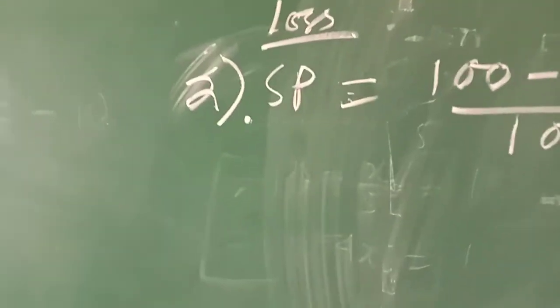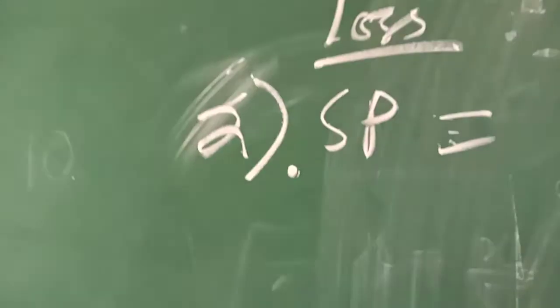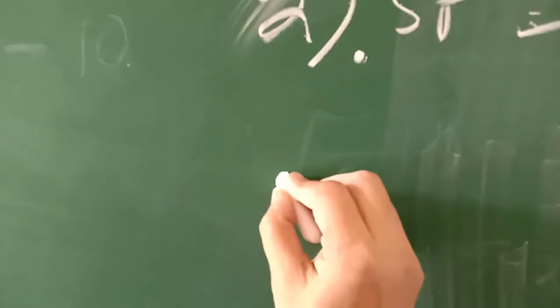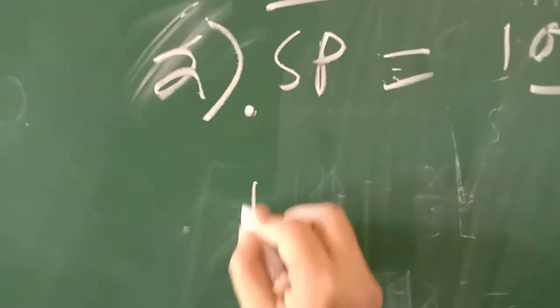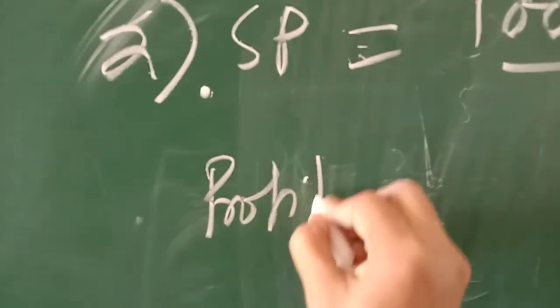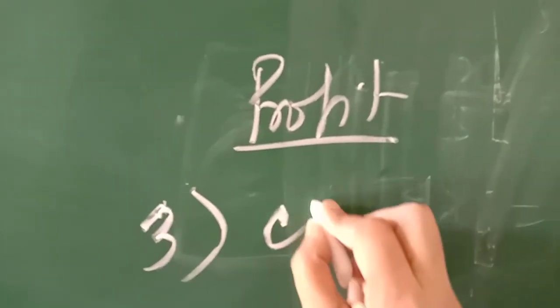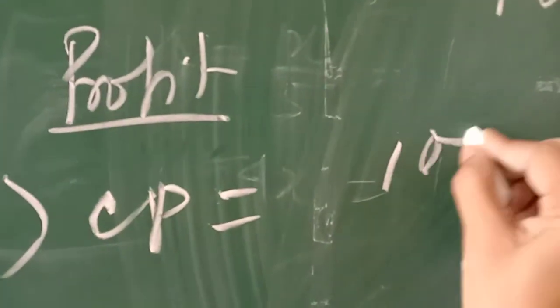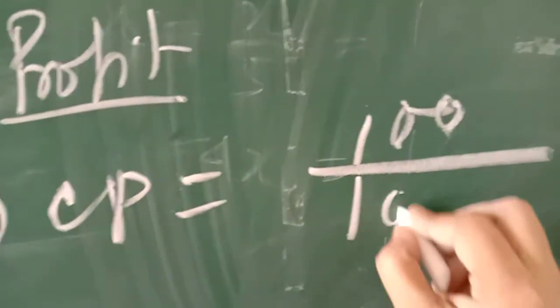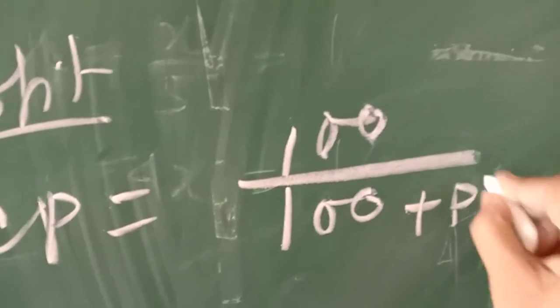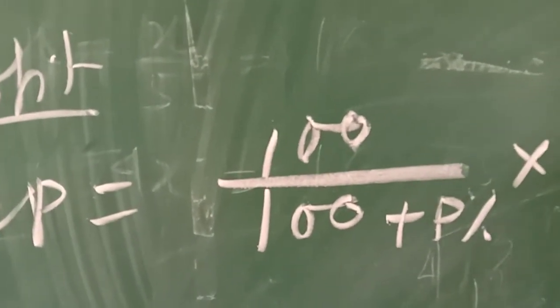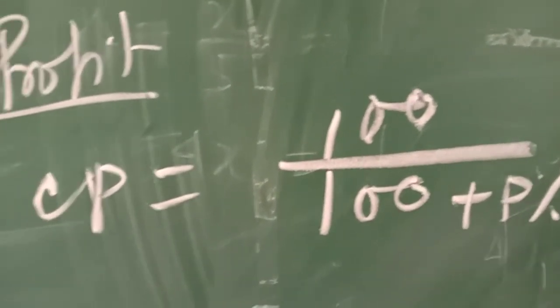Now when you have to find the cost price, in both cases you can find it. When it is profit, then CP is equal to 100 divided by 100 plus profit percent, into SP.